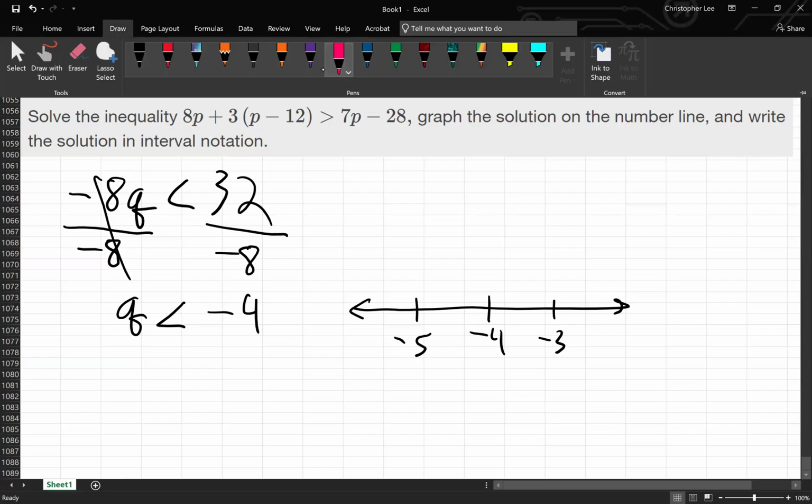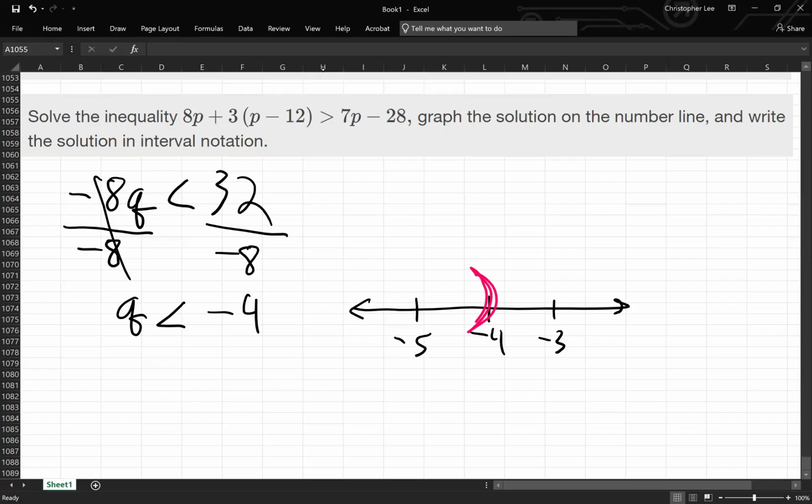And then this is gonna be an open parenthesis, that's not included, shading everything to the left. For my inequality, this is what? Open parenthesis, -infinity, going all the way up to -4 with a close parenthesis. Everybody got that for A?